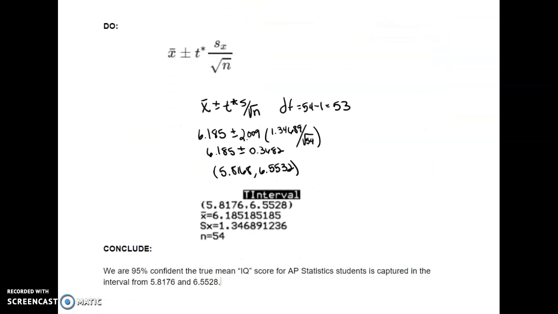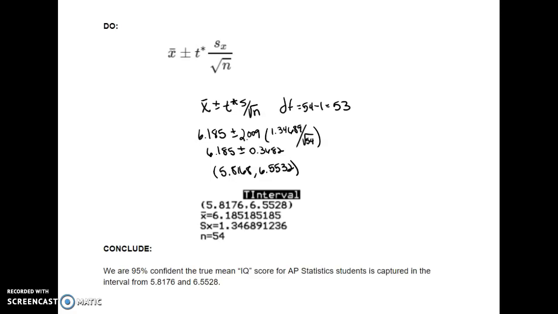In terms of work, what you need to show. So the formula is there. Degrees of freedom have to be stated somewhere in the do step. So that is definitely a new part, working with the t distribution in these procedures for means. And then again, this is the same amount of work that we would have shown for our confidence intervals before.